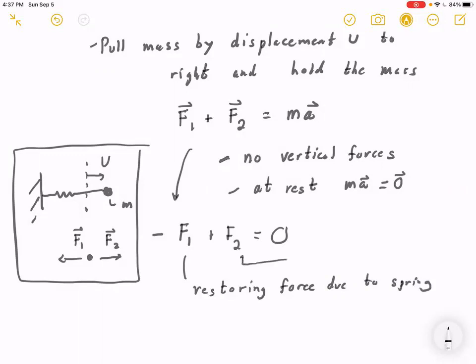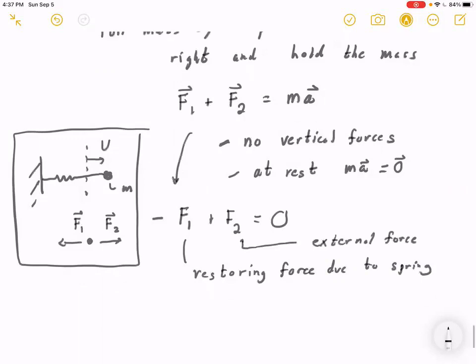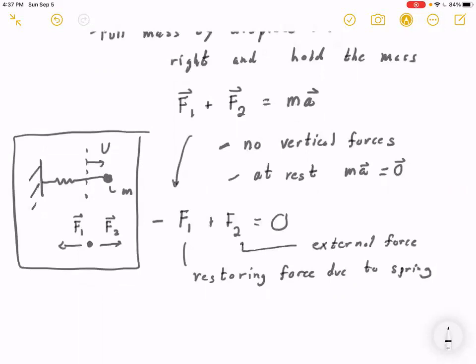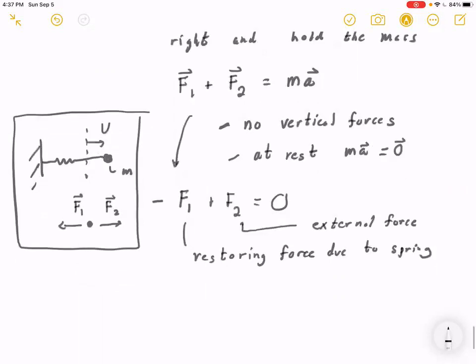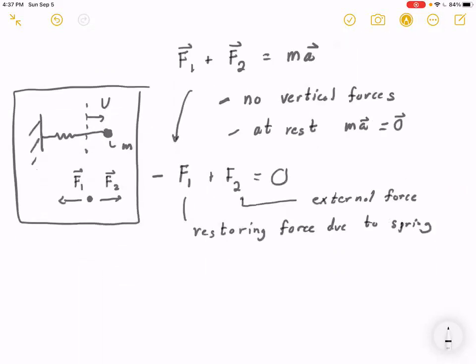F sub 2 is the external force that you apply to hold the system at rest. Hooke's law tells you exactly what F sub 1 is.